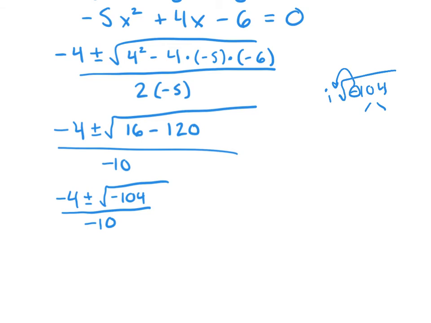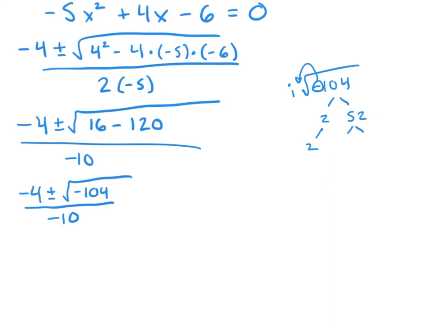What are 2 factors of 104? 2 and 52. What are 2 factors of 52? 4 and 13. 2 factors of 4 are 2 and 2, and then 13 is prime.